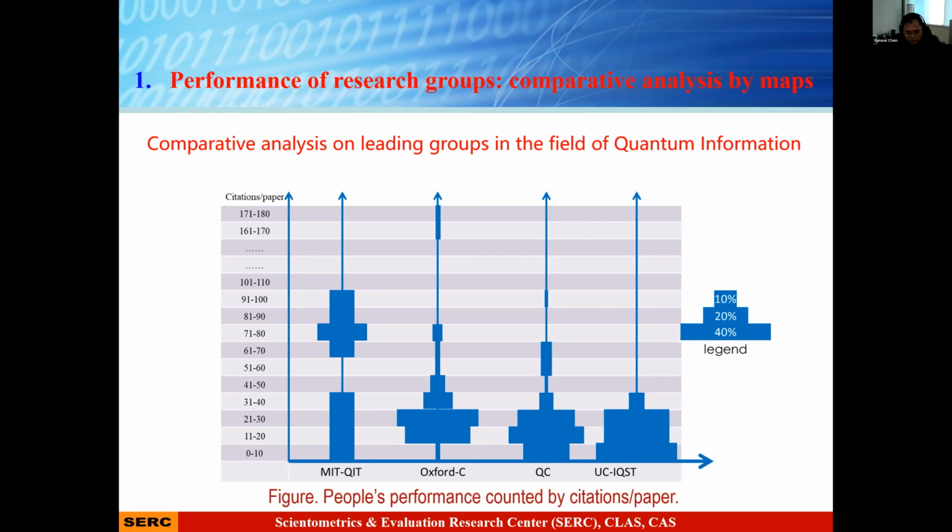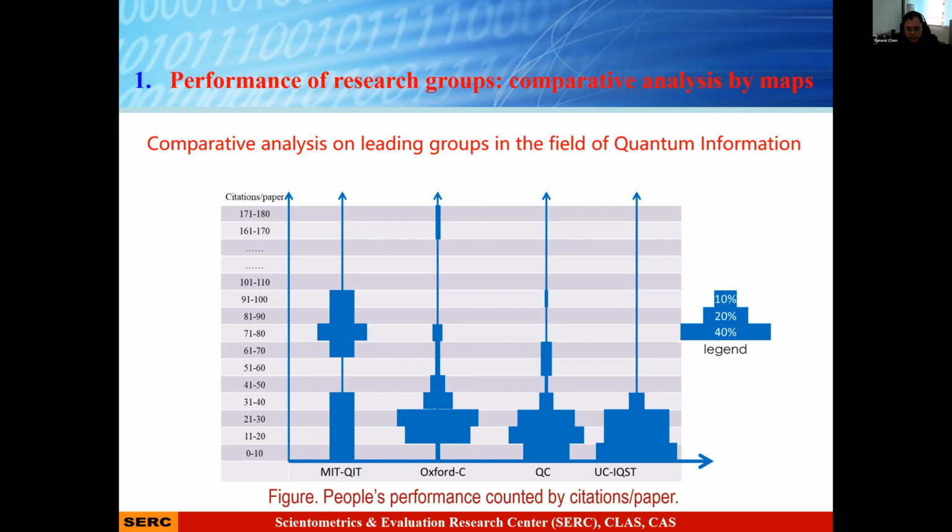In library and information science, we usually count people's performance by the number of papers, citations, H index, or some other indicators. But such a list cannot give a whole vision of the performance of a whole group.